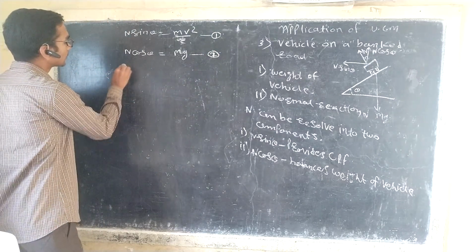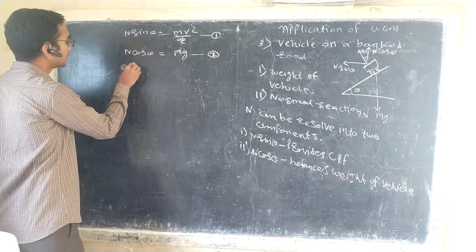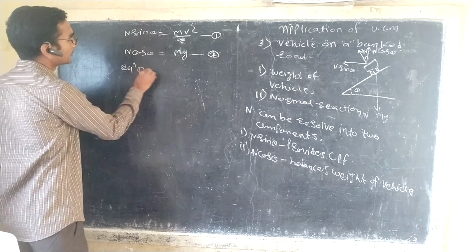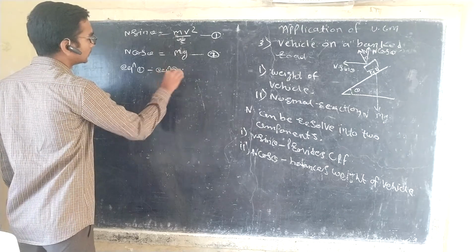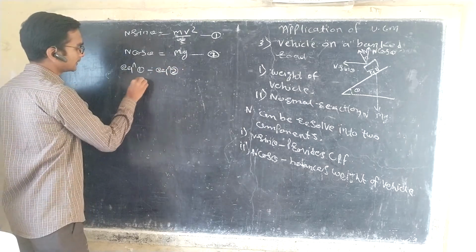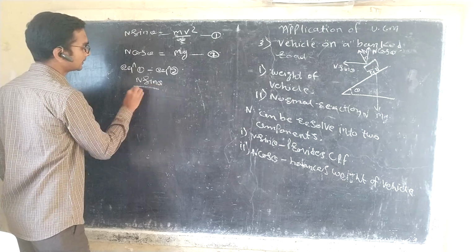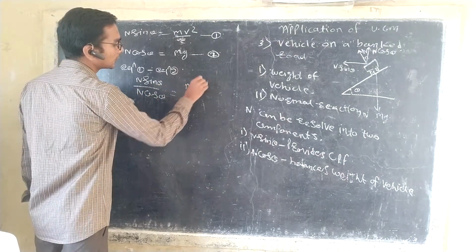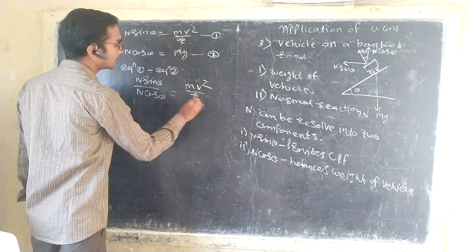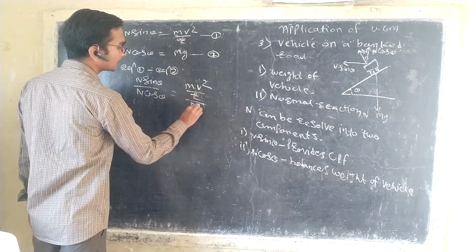Now divide equation 1 by equation 2. We will get n sin theta by n cos theta equals mv square by r by mg.